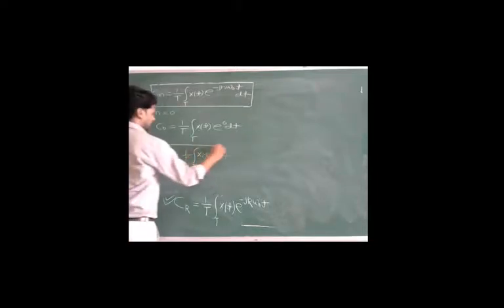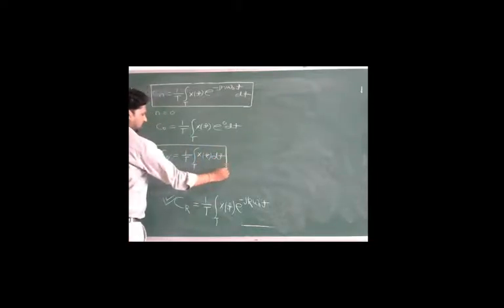This is the value of the DC term obtained in the Fourier series. So remember these two, this one and this one, to represent a signal in the form of complex exponential Fourier series.